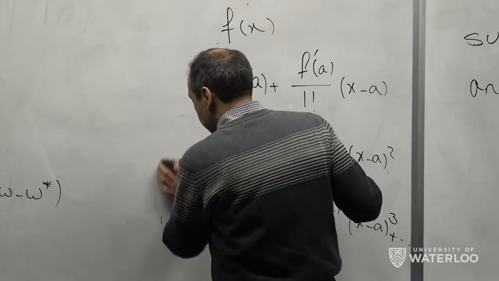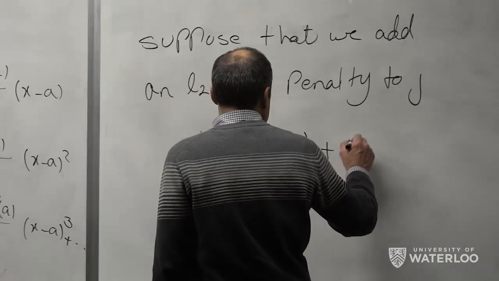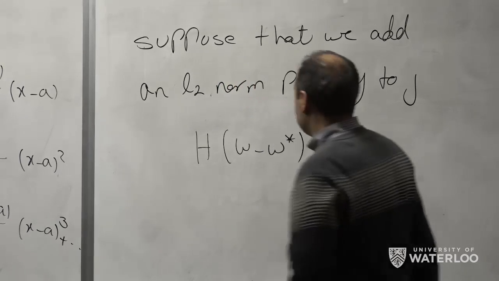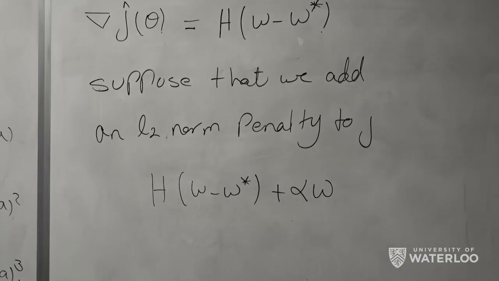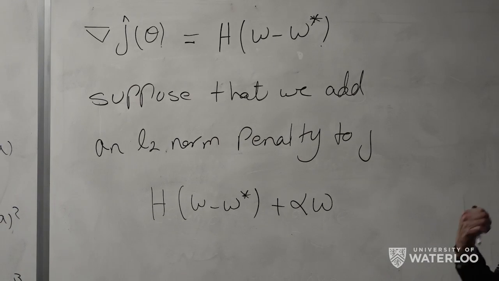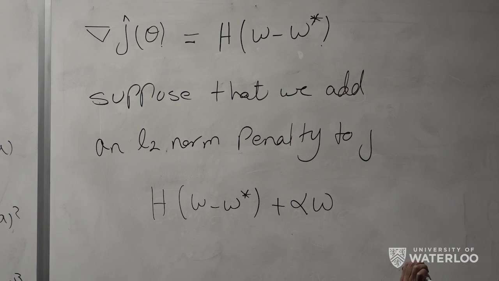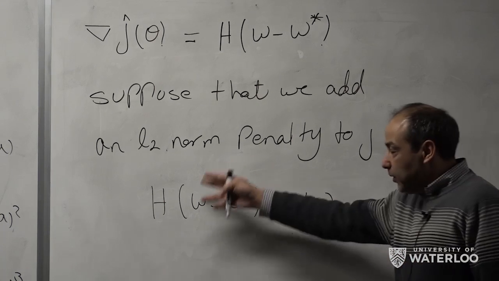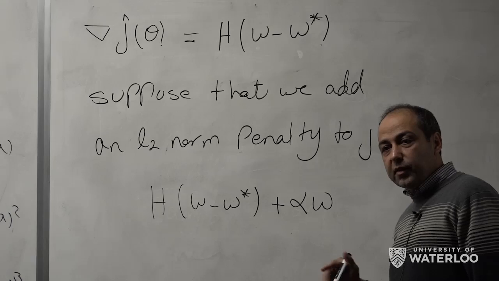So this is going to be alpha w. That's the effect of adding a penalty term to the original objective function. That would be the change of my derivative.